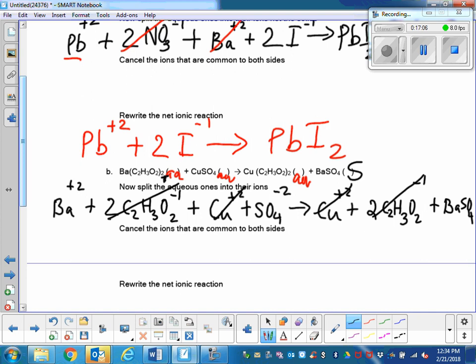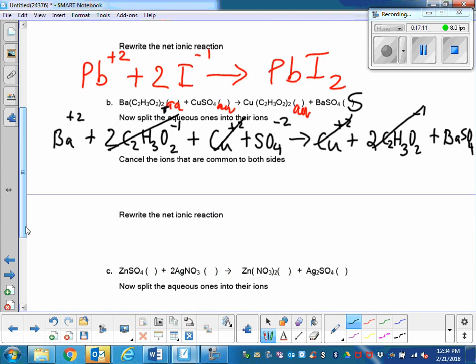Can I cancel sulfate? No. So what is my net ionic reaction? Ba plus 2 giving BaSO4.